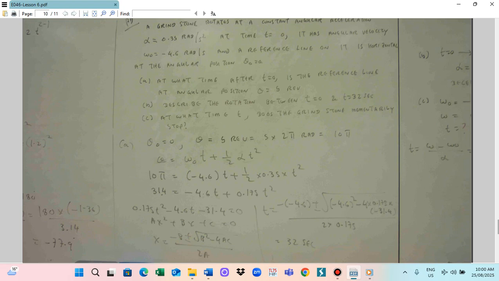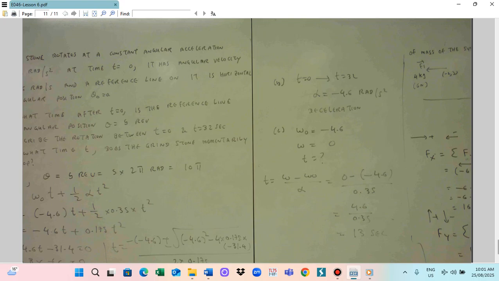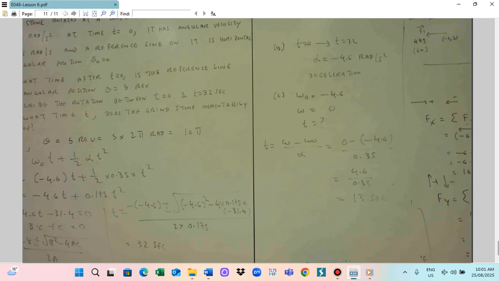Here b is minus 4 by 6, a is 0.175, and c is minus 31.4. Calculating, the t value is 32 seconds. This is the answer for A.